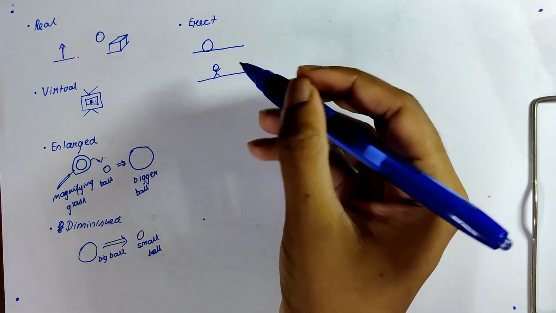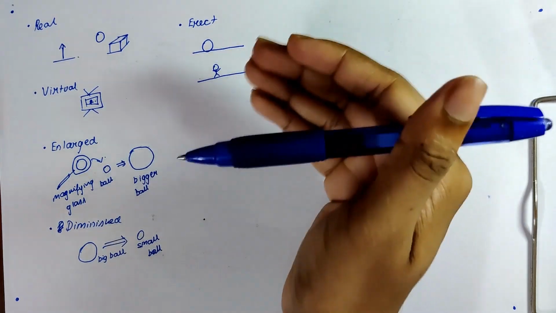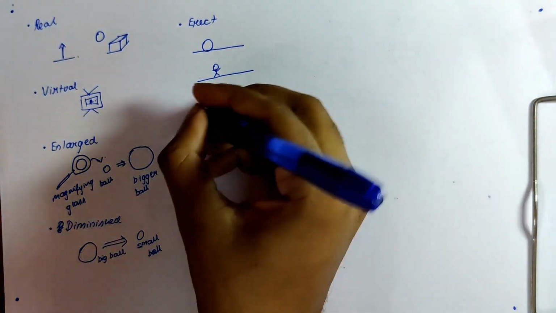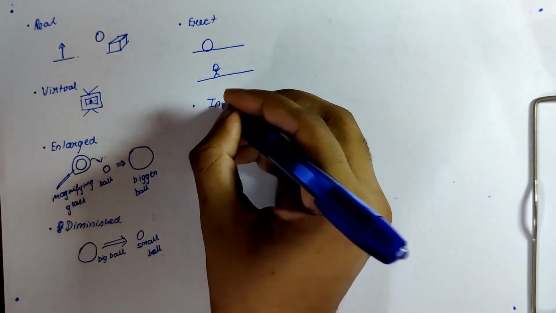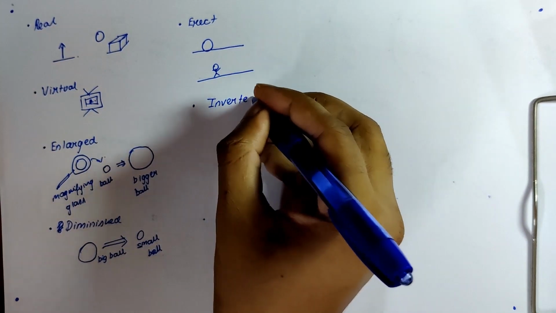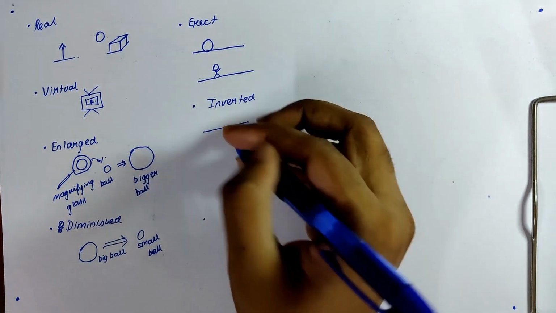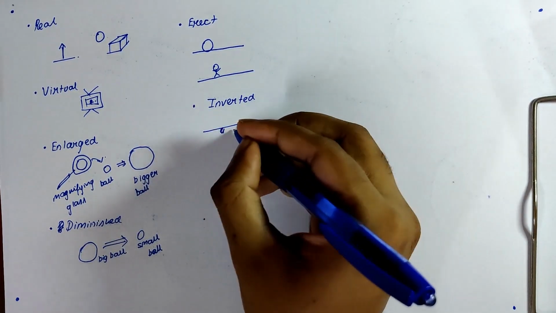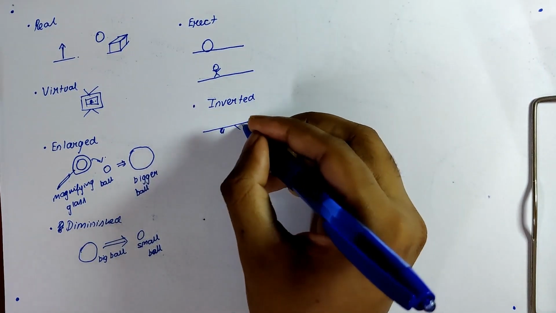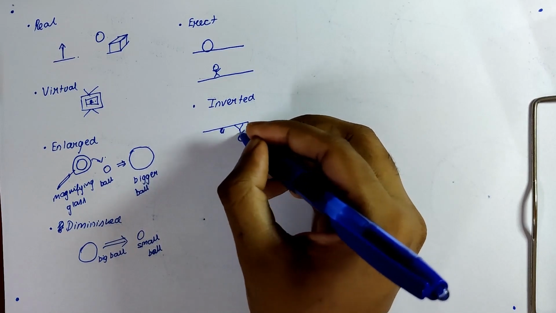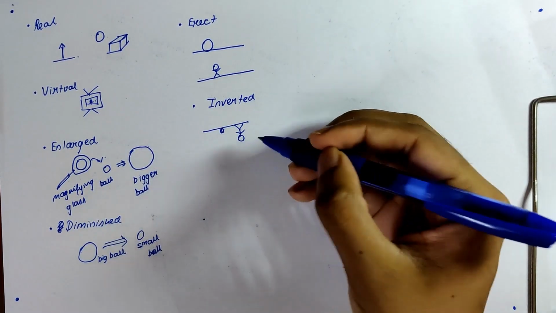Now that's called an erect person. He's standing up on the ground. Let's look at the inverted. The inverted is just like the man, instead of standing on the ground, he's below the ground. So the man will look like this. He's below the ground. Alright.